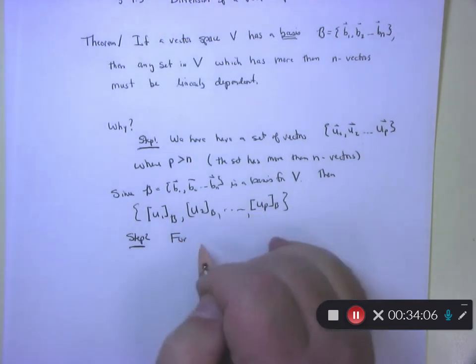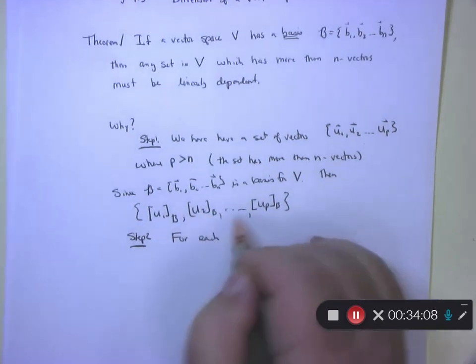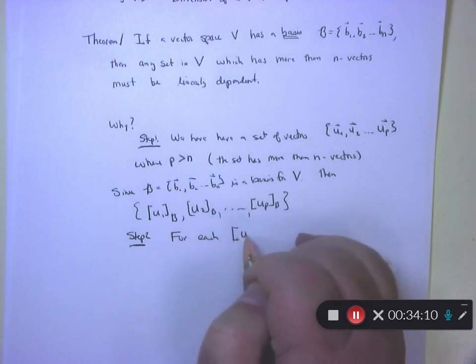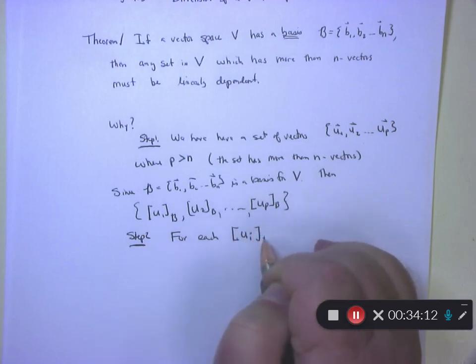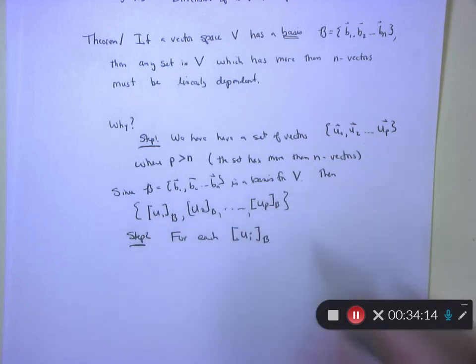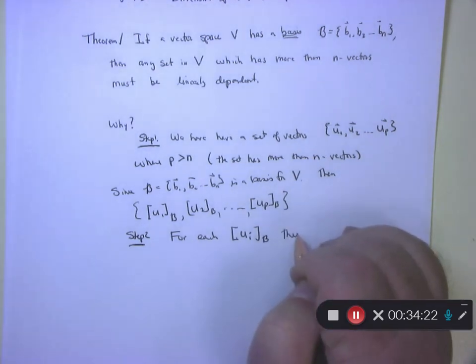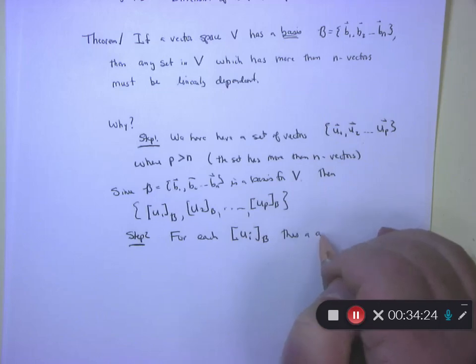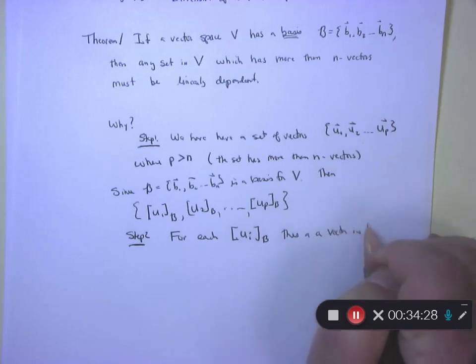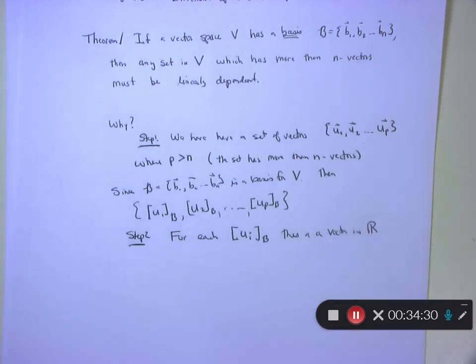For each of these guys here, I'm just going to take Ui relative to beta. Each one of these, I just pick one, call him i. This is a vector in R who?